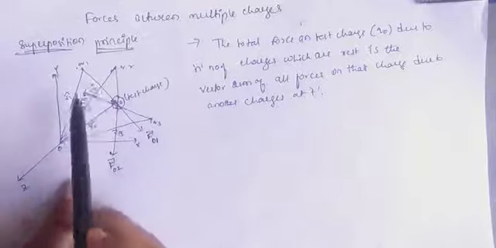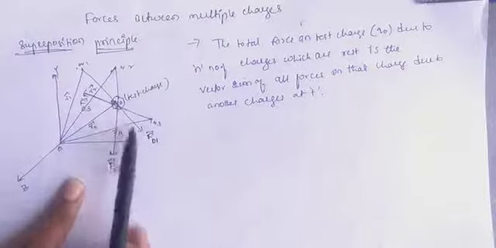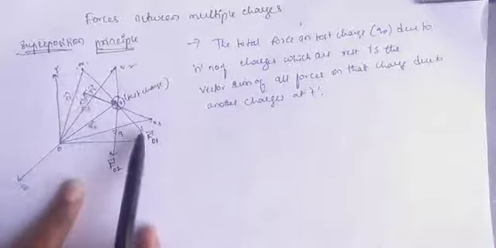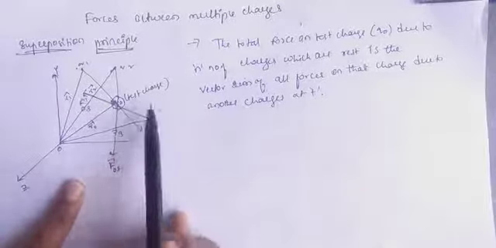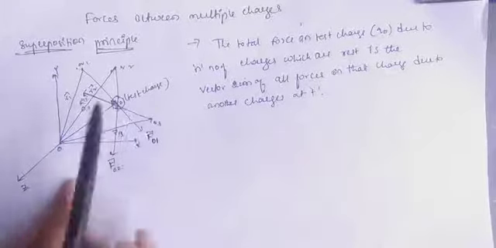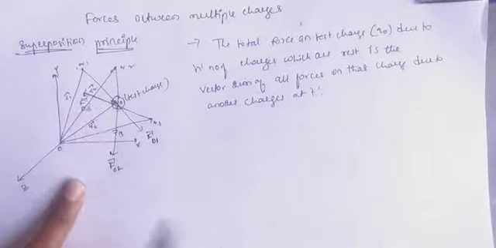That means the f1 force acting on the test charge due to the first charge is not affected by the other charges, and this force also is not affected by the remaining charges, and this force also is not affected by the remaining charges. So we have to take the forces which are due to the individual charges.